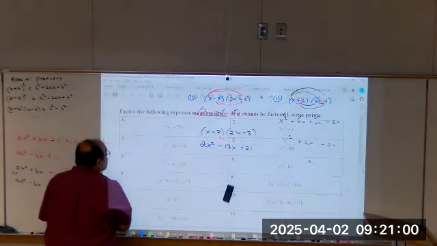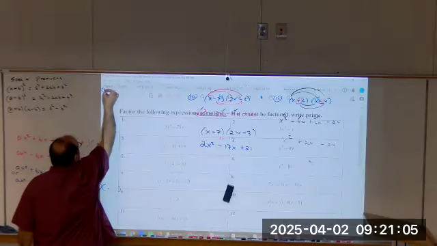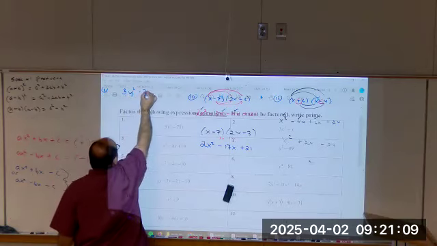I'm just going to cherry pick these. Number 1: 3y to the third minus 75y.